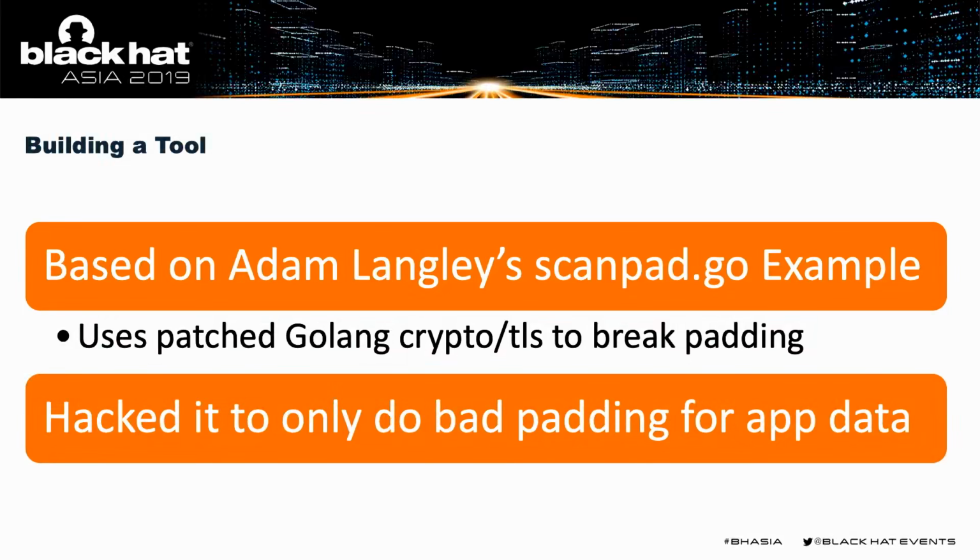This was pretty effective for finding POODLE TLS exposures. All I needed to do from there really was to make the change a little bit less aggressive. So rather than just always using this broken padding mode, I had to figure out a way to actually recognize on the connection when there's application data as opposed to handshake data.